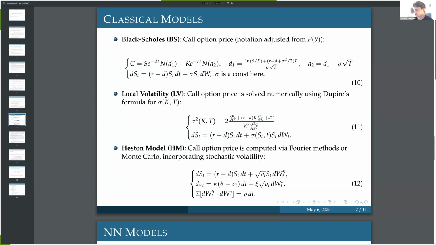K is the price at which you would use your option, and T is the time to maturity, time to expiration date. Okay, and you can use this formula to calculate volatility and use it as a deterministic function.